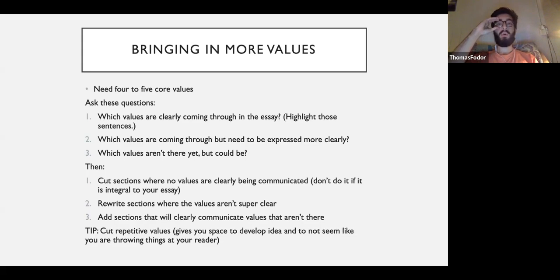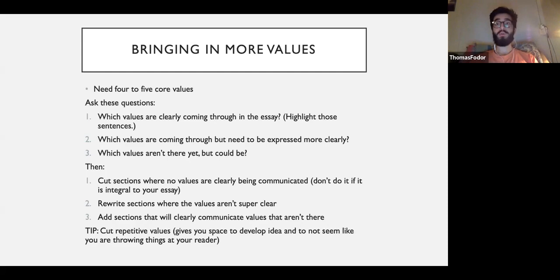Now, it is important to also point out here that Ethan Sawyer says 4 to 5, not 10, not 15. What can happen when you include too many of these values? It can feel as if you're throwing things at your reader, things that aren't well developed, things that really don't convey who you are as a person.